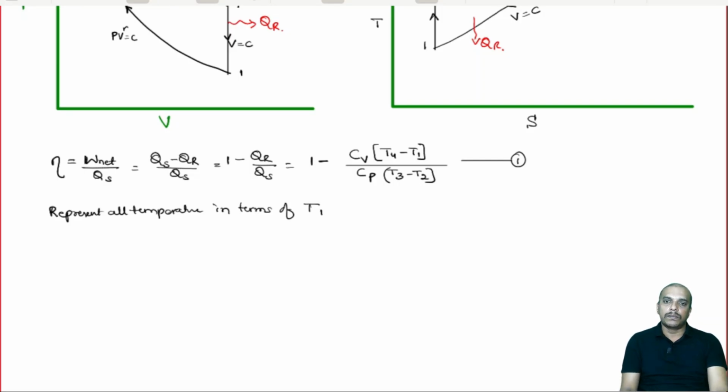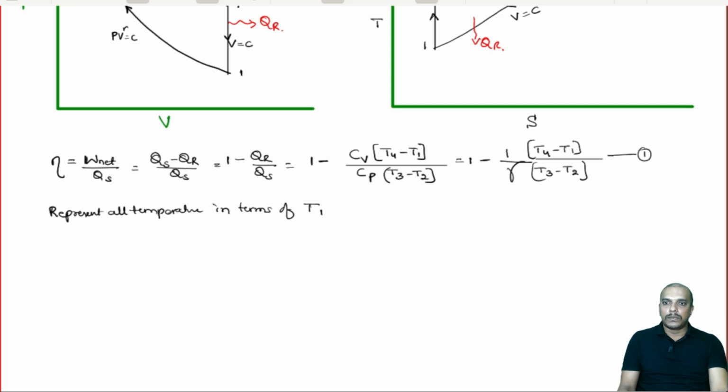We are doing this because we want to eliminate all temperatures and write it in terms of compression ratio or cutoff ratio. All right. Now, this can be further simplified. In fact, I will try to write this with gamma as well. So, 1 minus, now Cp by Cv is gamma, I will send this gamma here. So, gamma times (T4 minus T1) divided by (T3 minus T2). So, that would be better. Now, I will call this equation 1.